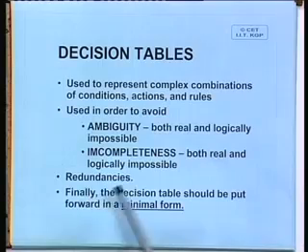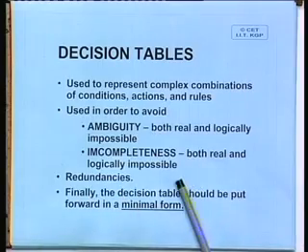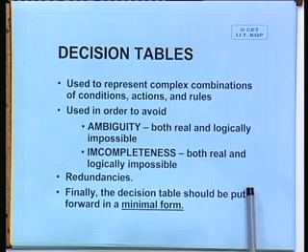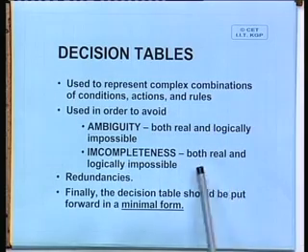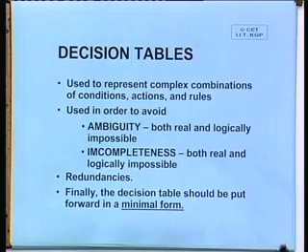The incompleteness, that means the decision table is not completely specified. You have not shown details about all aspects of this particular decision table. So, you can have again both real and logically impossible incompleteness, and obviously redundancy is another thing.